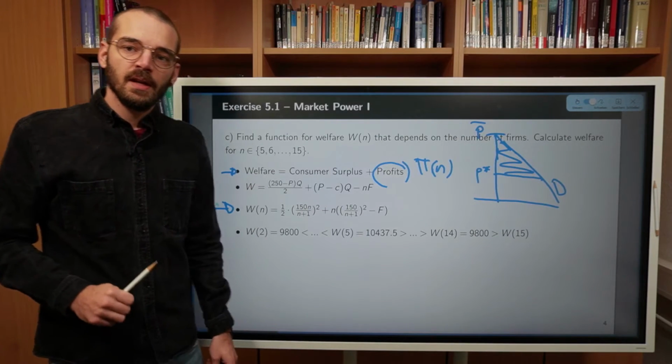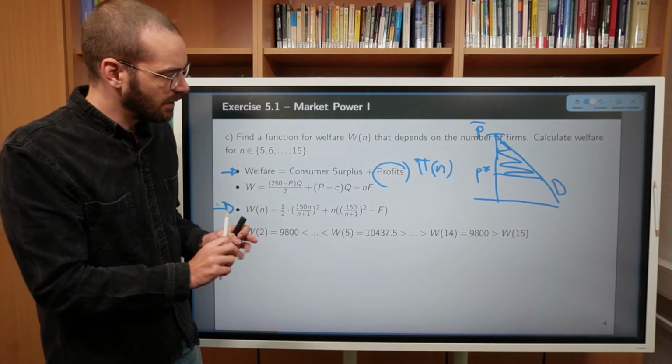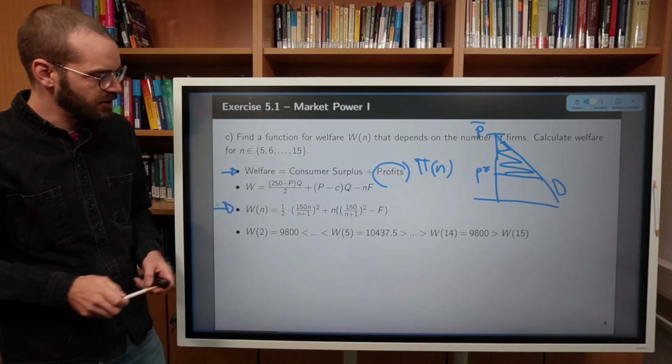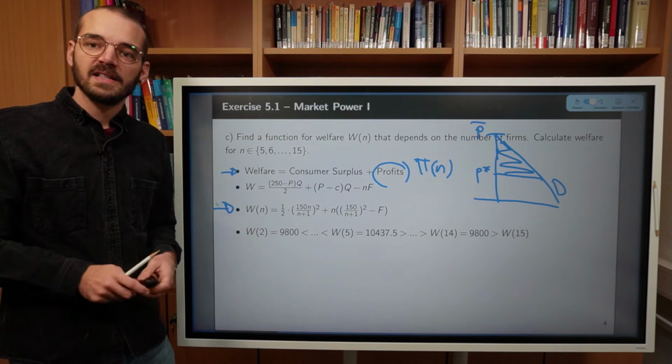And now there's one final aspect, one final insight on this slide that I want to highlight, because it's not specifically asked for in the exercise.